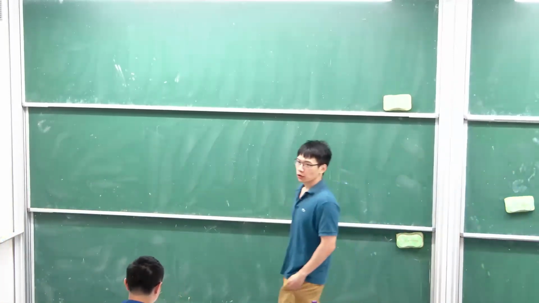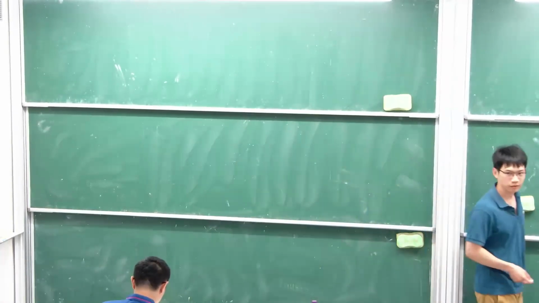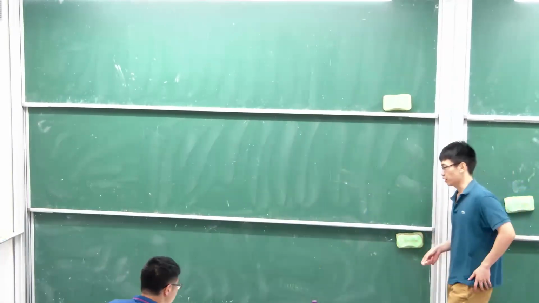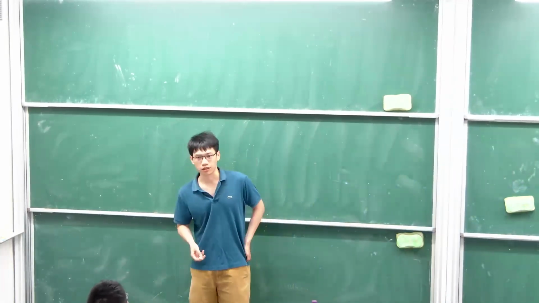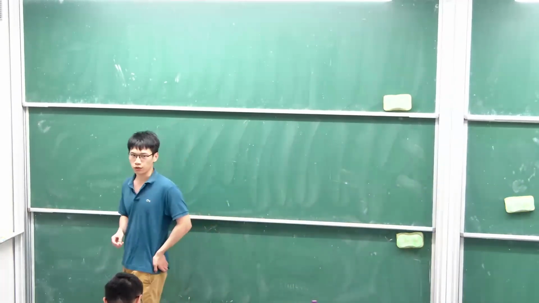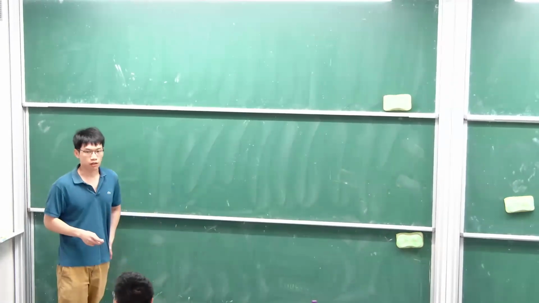So today I'm going to talk about a different topic, perhaps a little bit easier to talk about, and also maybe more applicable to people. That's the concept of VC dimension.